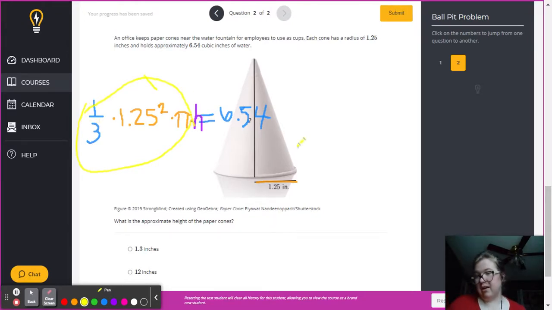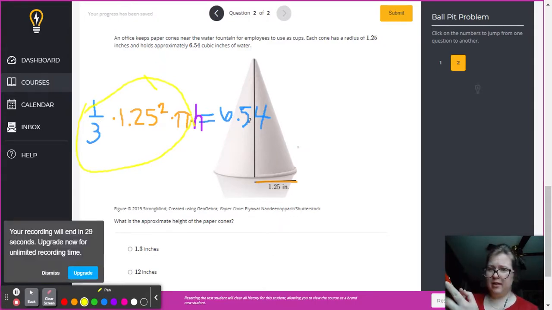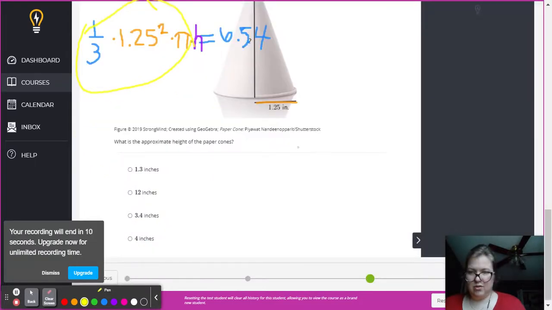So in my calculator, I'm going to do 6.54 divided by, and then I'm going to put everything that's on the left side in parentheses: 1/3 multiplied by 1.25 squared multiplied by pi. And I got 9.75, which is not even close to what they had.